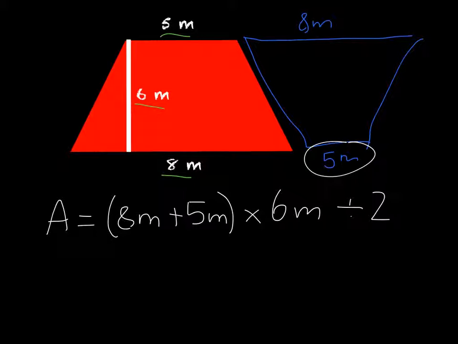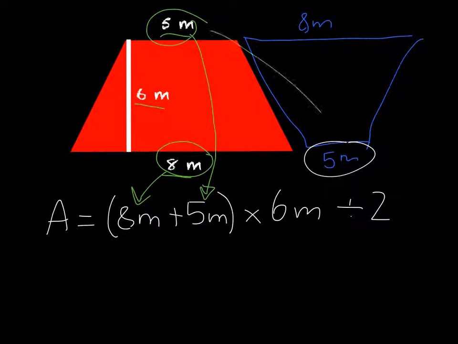So what have I used here? Well, if you take a look, this is the real helpful part. If I only have the one trapezoid, look, I have both my bases, the 8 meters there and the 5 meters there, because the inverted one is just the opposite of what I had, the 5 meters here and the 8 meters up here. So I've got all of what I need here.